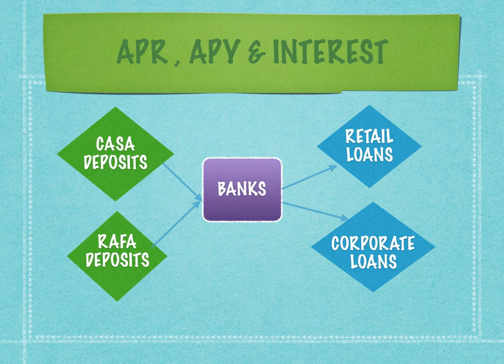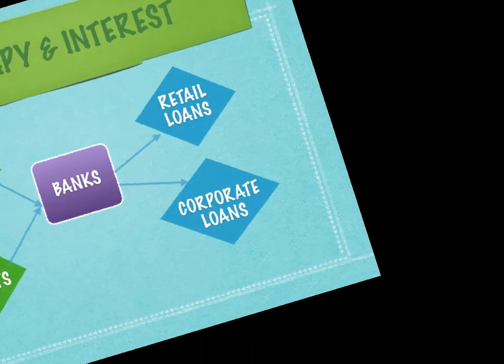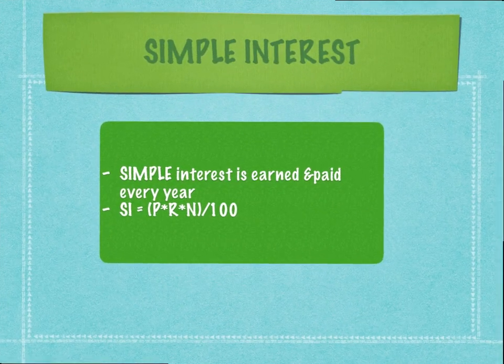So from this slide, we understand that banks pay interest on all the deposits and they earn interest on all the loans. So banks are always looking to maximize interest earned on the loans and minimize interest expenditure on the deposits. Let's start with the basics.